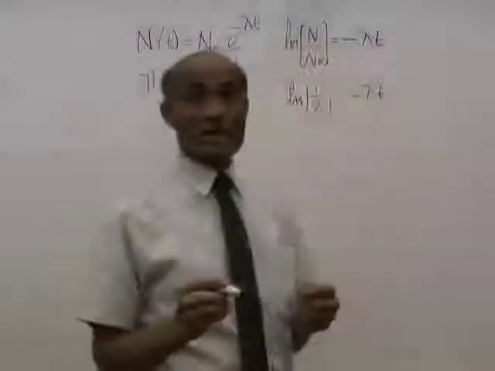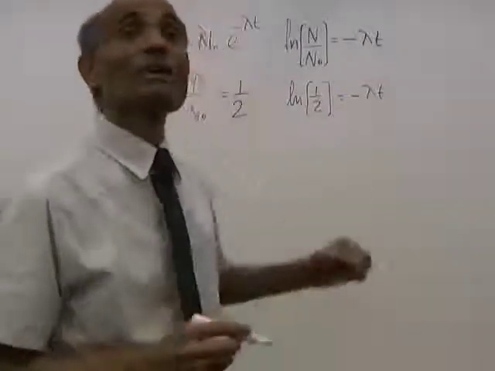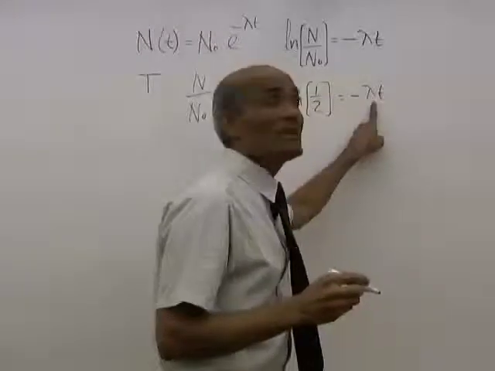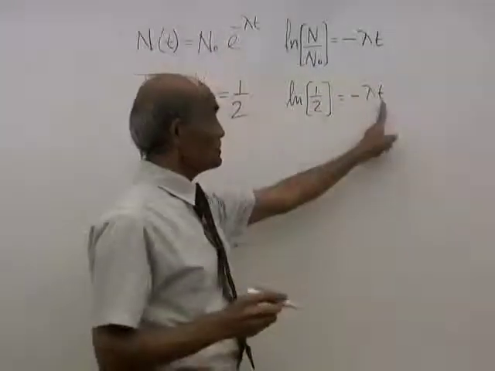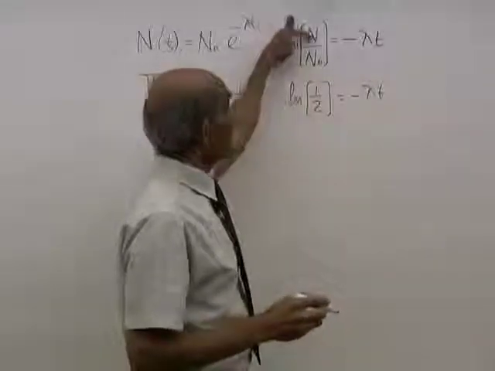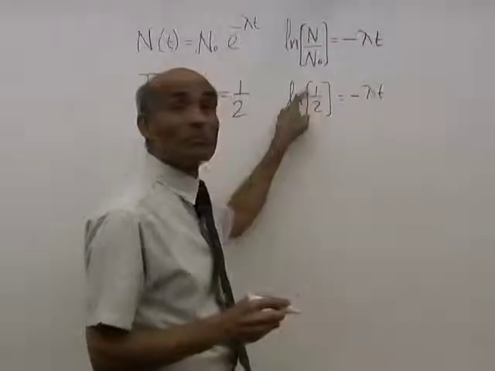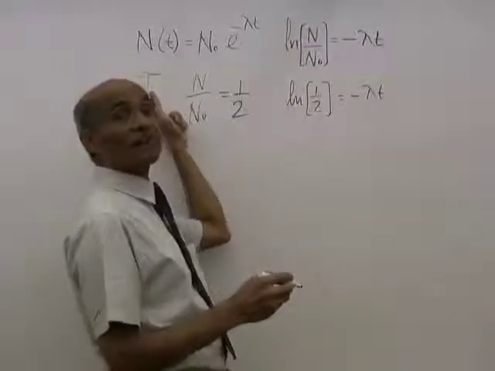Now, if you use a calculator and tell me what is ln of 1/2, we can then have a relation between the decay constant and this t. But look at this. I have actually some more work to do here. When this N over N0 becomes 1/2, this t is now the half-life.